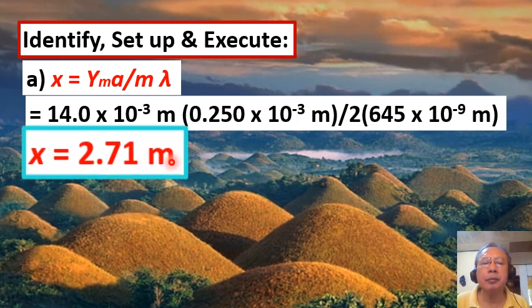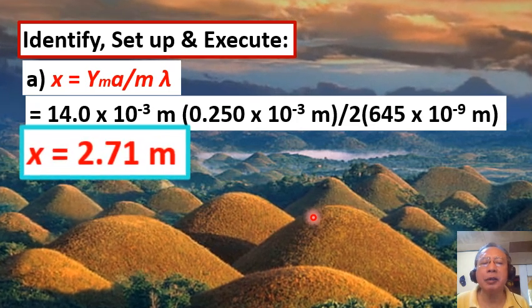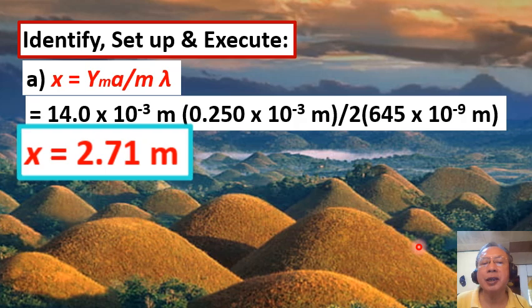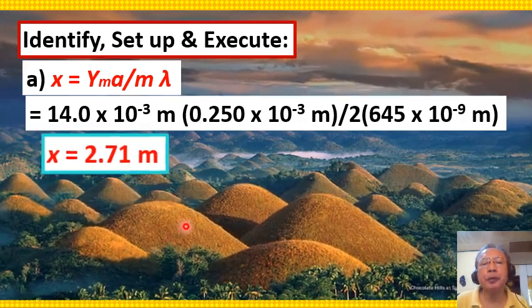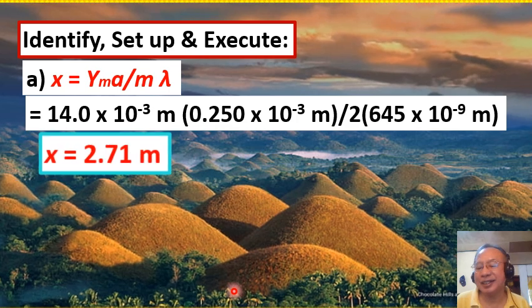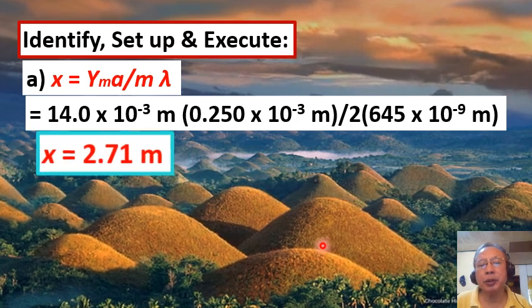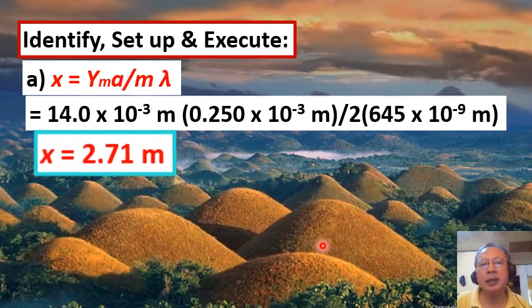So doing our math, we will get the value of x equal to 2.71 meters in 3 significant figures. All right, so in other words, the screen is 2.71 meters away from the slit.